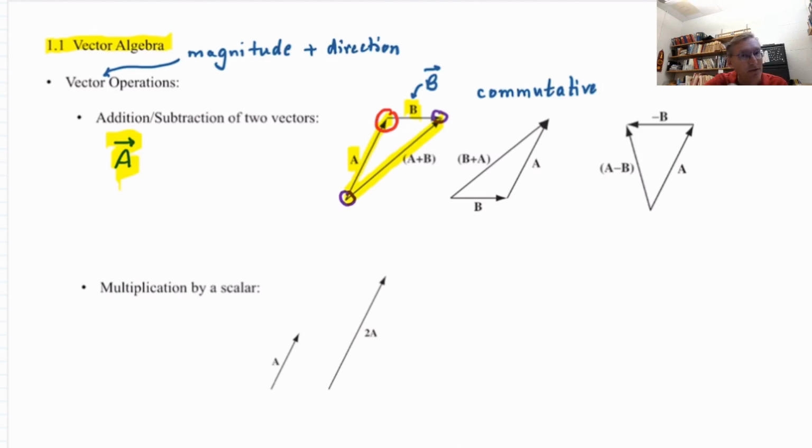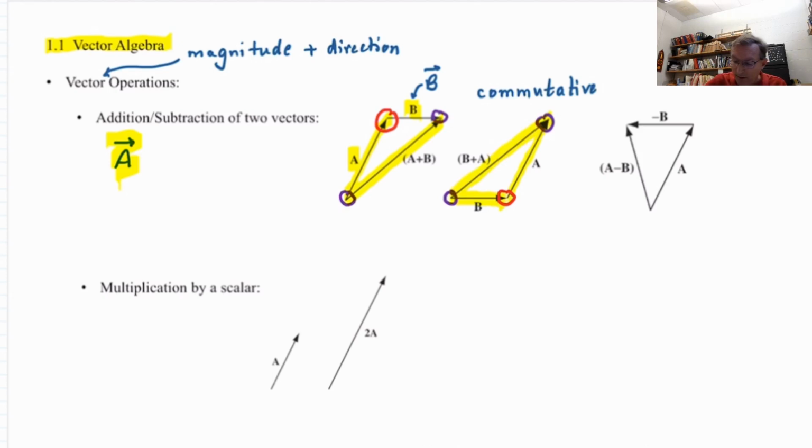I can take the same two vectors, but add them in the reverse order. I can start first with B, that's B again, and then follow it with A in tail-to-tip configuration, and then draw an arrow from the tail of the first to the tip of the second, and that will be B plus A, not A plus B, B plus A.